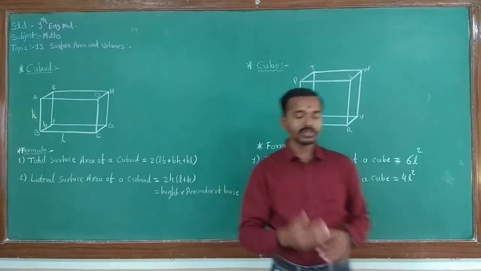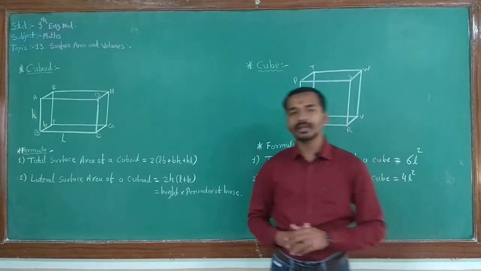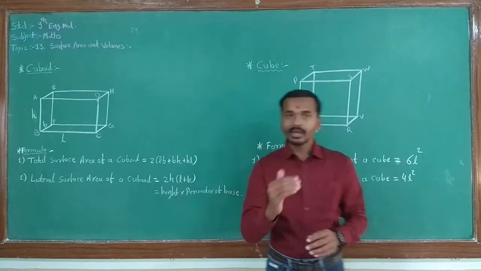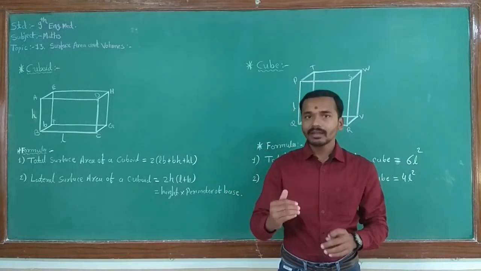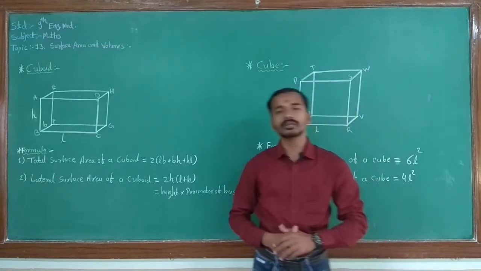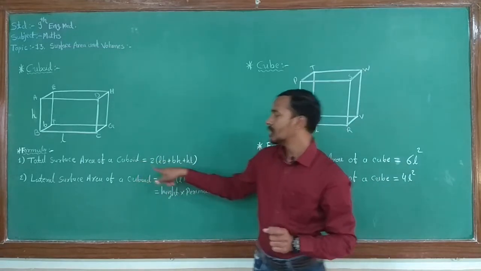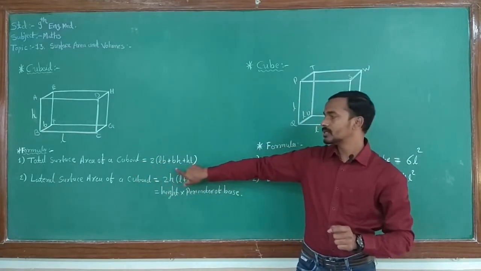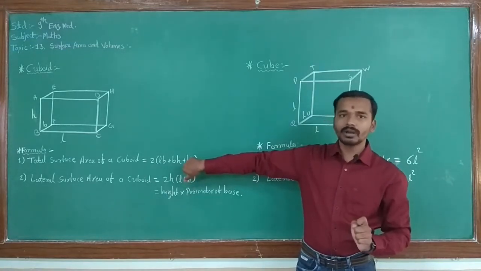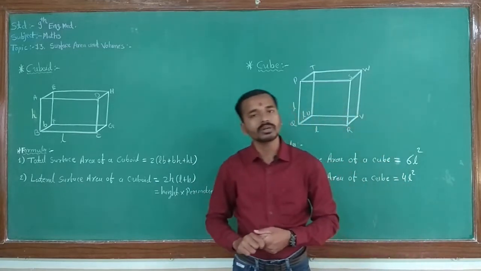Now you can see the derivation of the first formula on page number 210. There they have found the area of all 6 sides, and the first formula, the total surface area of a cuboid, is given as 2 into (LB plus BH plus HL). Now, how does this formula come? The derivation is given on page number 210.